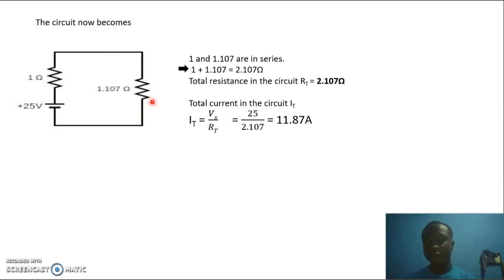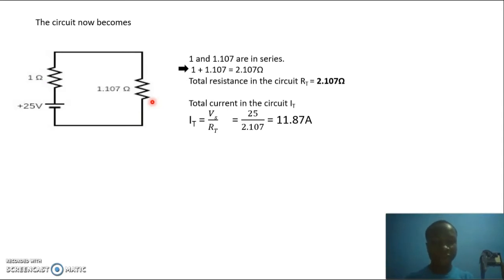So we know the voltage from the source to be 25 volts, and we divide by 2.107 ohms, that is our total resistance. So we get 11.87 ampere as our total current in the circuit.